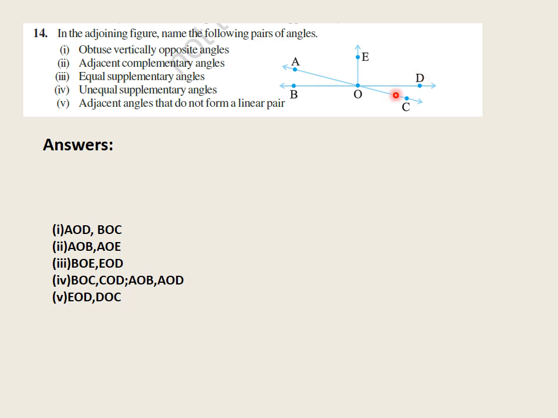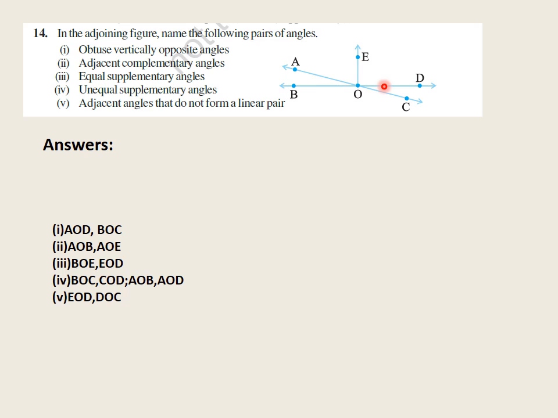So, if you consider DOC and AOB, they are acute angles. So, what are obtuse angles? Vertically opposite: BOC and AOD. BOC and AOD are obtuse vertically opposite angles.